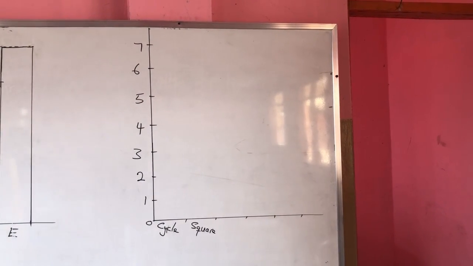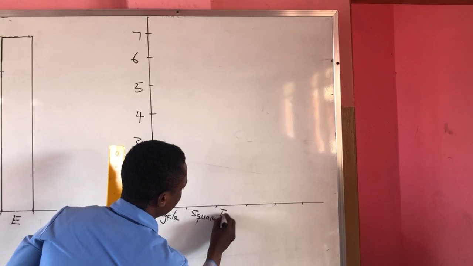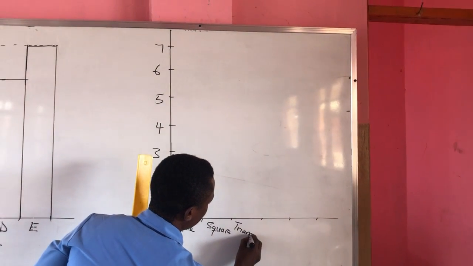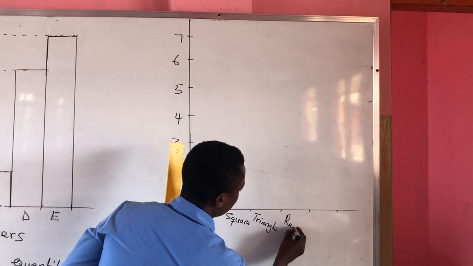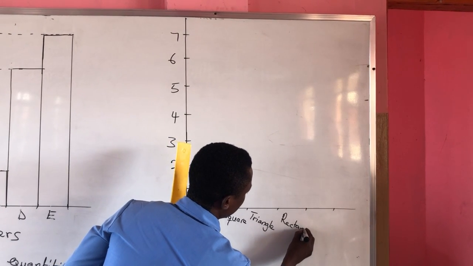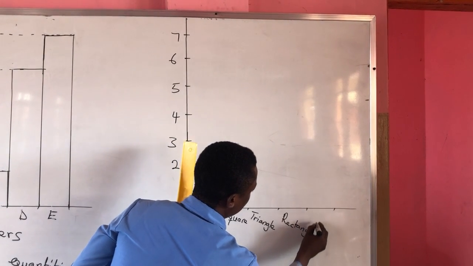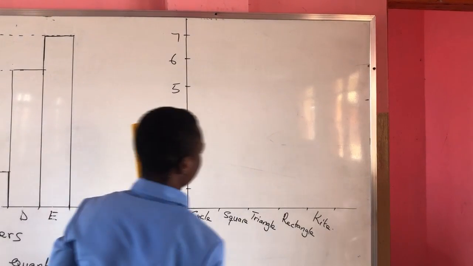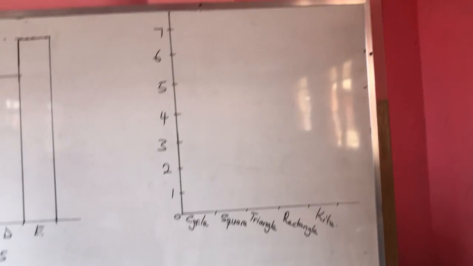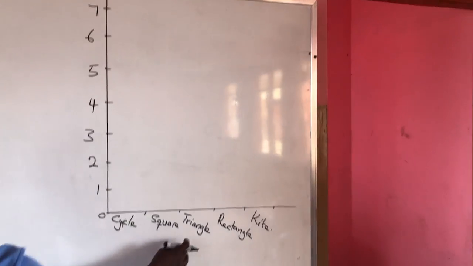Circle, square, triangle. Rectangle. And then the last one is kite.